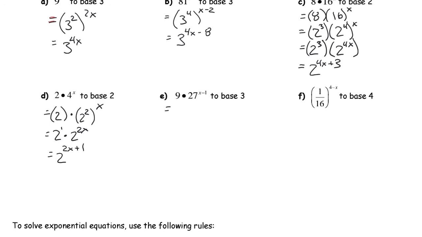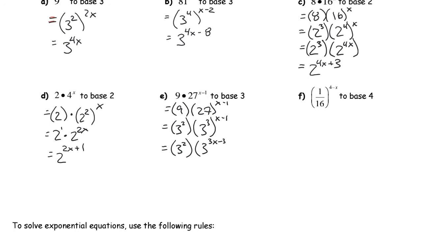Over here, 9, and I've got this 27 to the x minus 1. So 9 is the same as 3 squared when I write it as a power of 3. 27 is 3 cubed when I write it as a power of 3. There's not much I can do with that 3 squared right now, but here I can take that exponent and distribute it through.